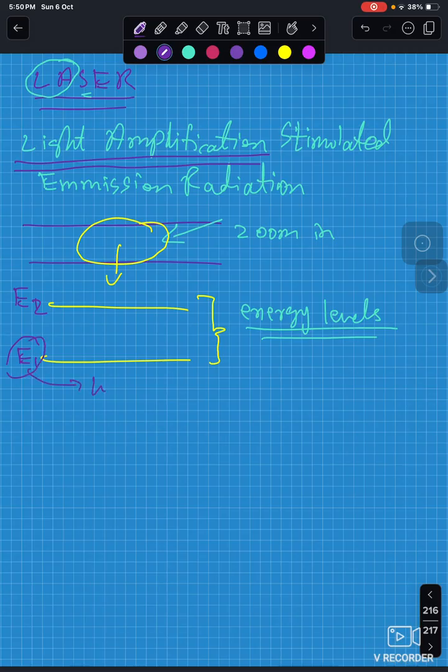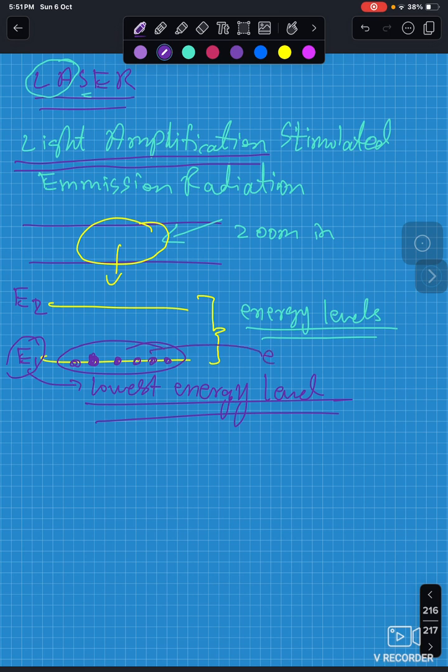E1 is known as the lowest energy level. Okay, and this is the excited level, the one in which electron, yeah, one more thing, electrons will be playing a role over here. So here, this is called the lowest energy level, this is called the excited level.